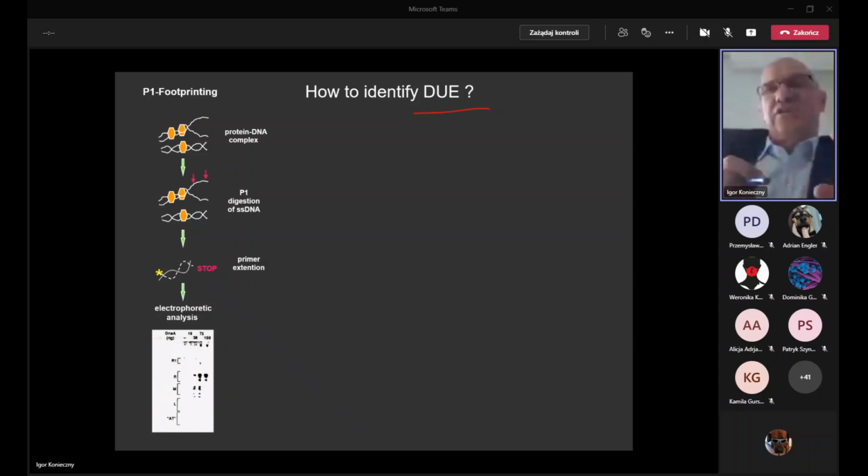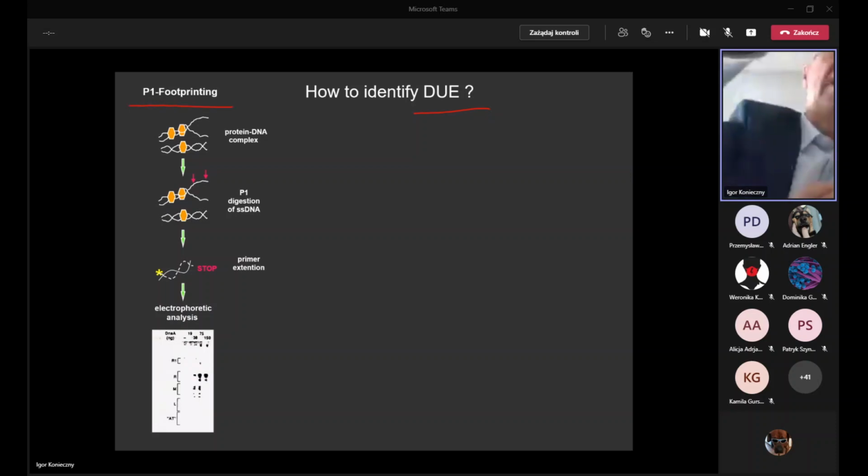The AT-rich part of a chromosome could be identified by sequencing, but identifying whether this sequence is unwound during replication initiation is not that easy, and it requires experiments. And what kind of experiments can you perform? There is the second type of footprinting analysis, called P1 footprinting.